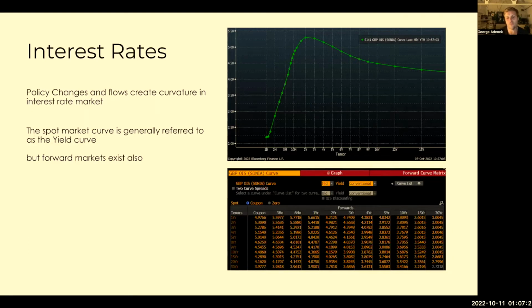But it also tells us, can we achieve carry? What we really want to be doing is rolling up the curves, and selling them on the way down. So if I was to put a bet, if we look at this Sterling SONIA curve, I don't know if you can see my mouse, let's say we want to bet on the 1 year rate in 4 years' time.